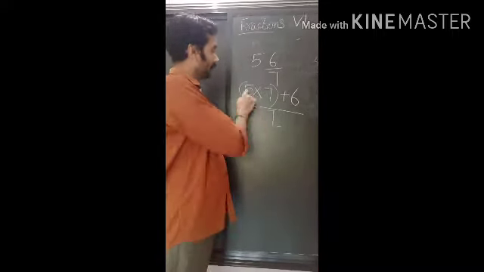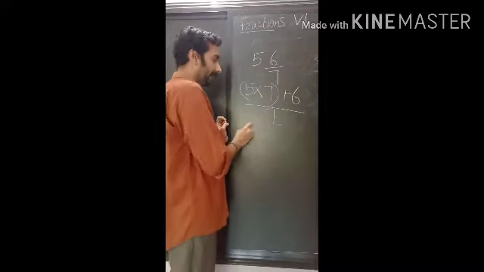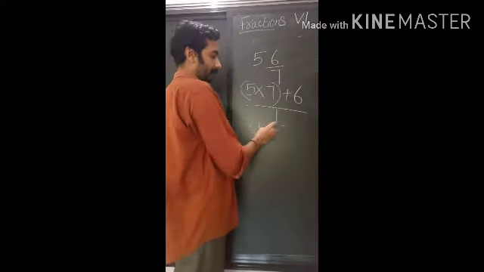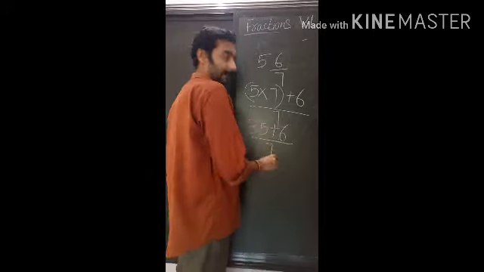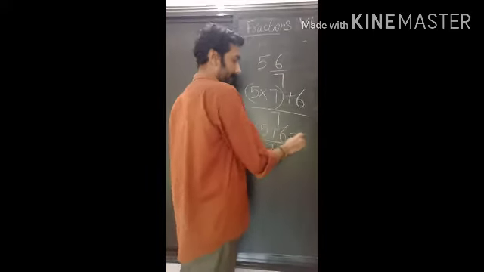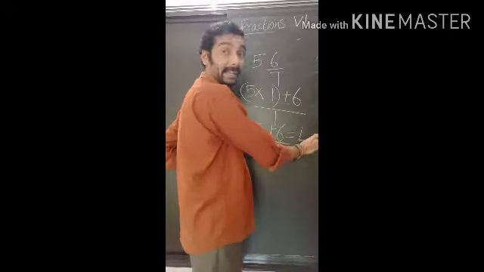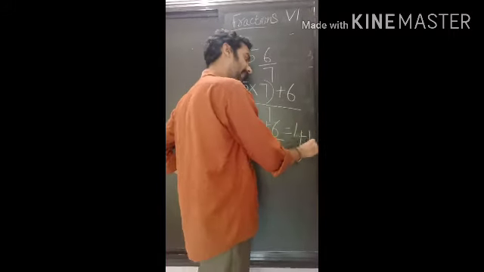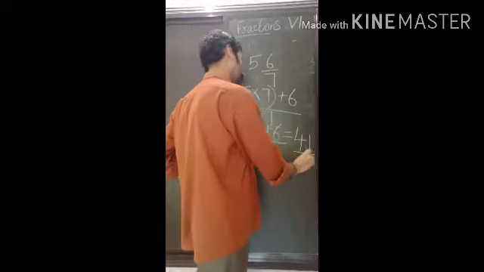Same as above, 5 into 7 is 35, plus 6 is 41, divided by 7.